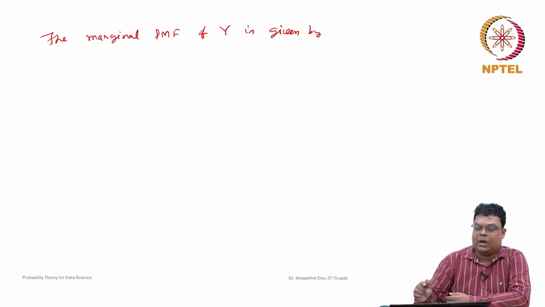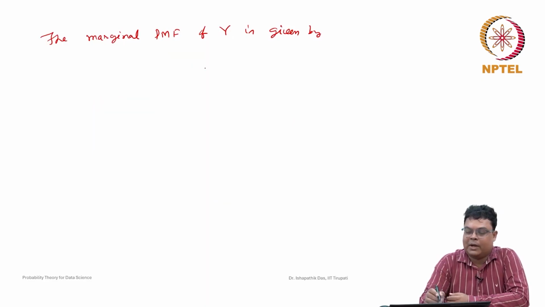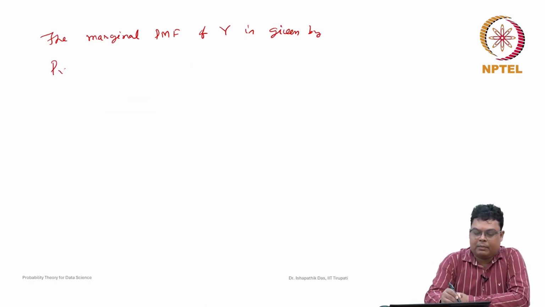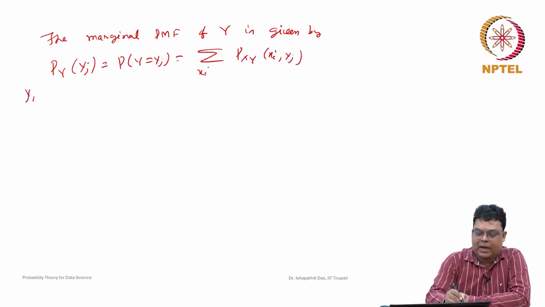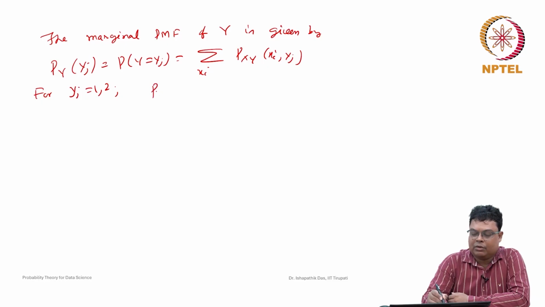So now the marginal probability mass function of Y is given by p(y_j), the probability that Y is equal to y_j. This is the summation over x_i of p_XY(x_i, y_j). Whenever y_j is 1 or 2, only then is this non-zero, otherwise this value will be 0.